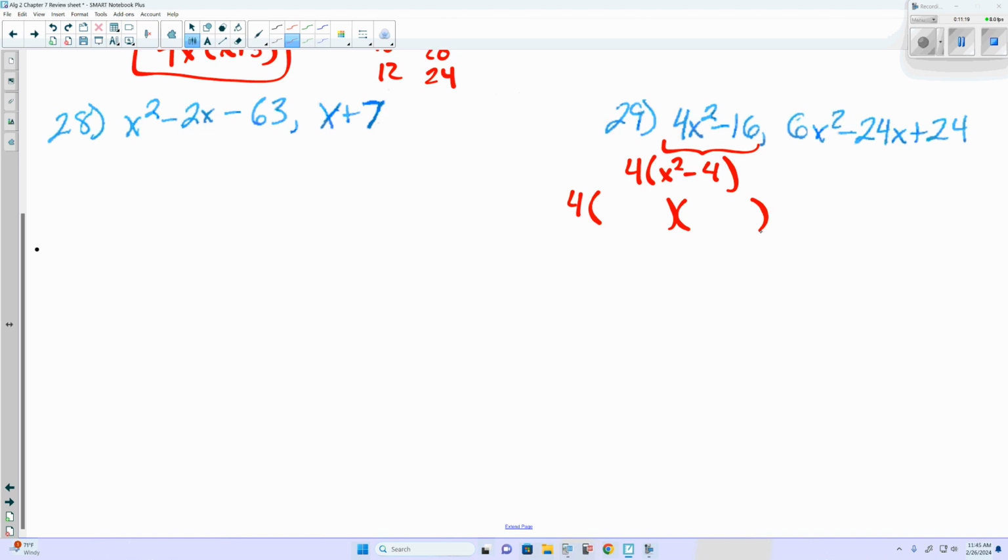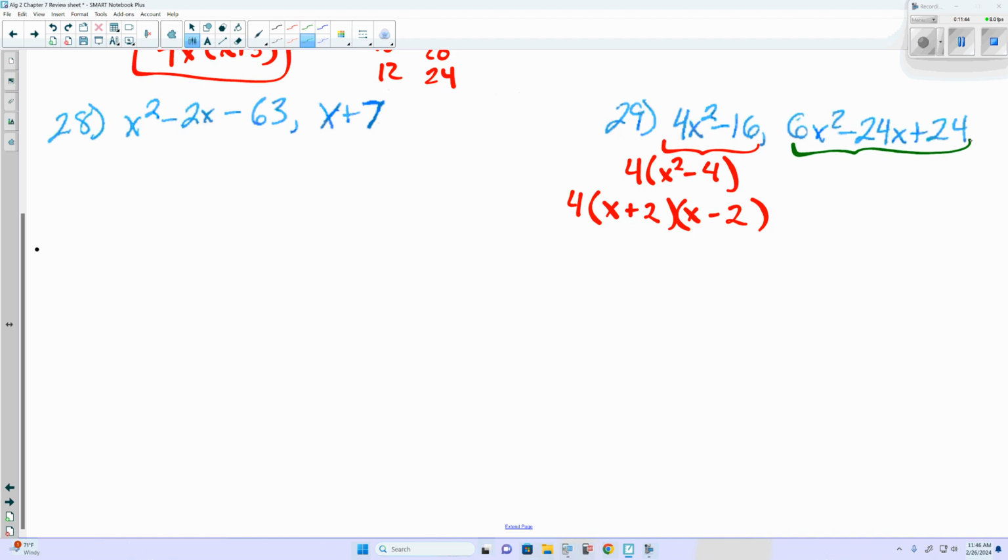X and x. Is there a number times itself that gives us 4? 2. So we have x plus 2 and x minus 2. And if you're not sure if we can multiply a number by itself, take the square root of it. Square root of 4 is 2. So 2 is our number.